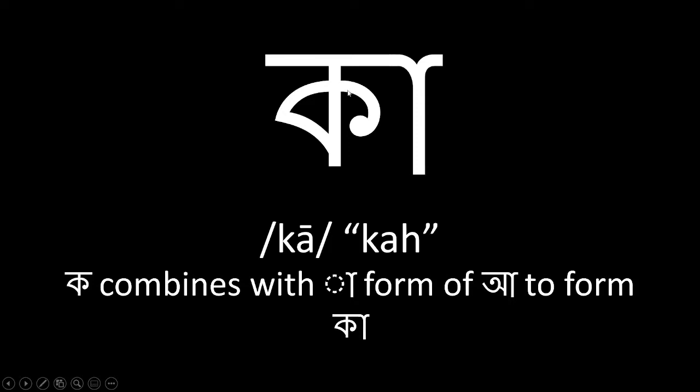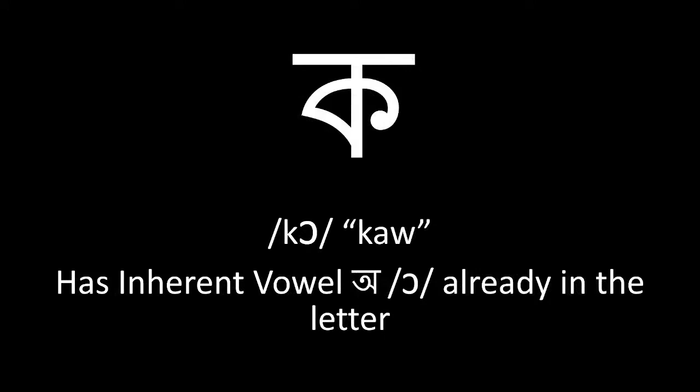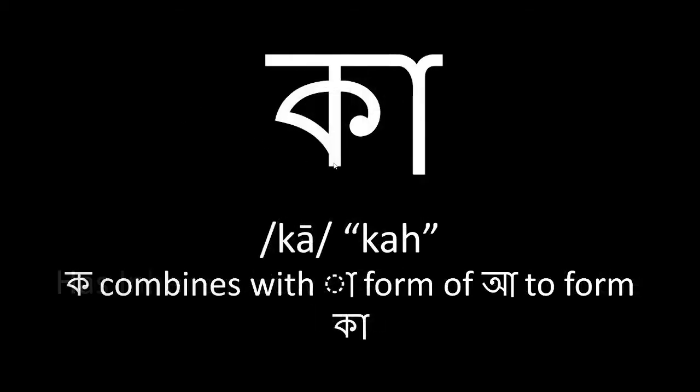What that does is it takes away the inherent vowel o out of the consonant, and it replaces it with the vowel that we're talking about, which in this case is aa. So this is ka, kha, ga. This is gha, ngа.